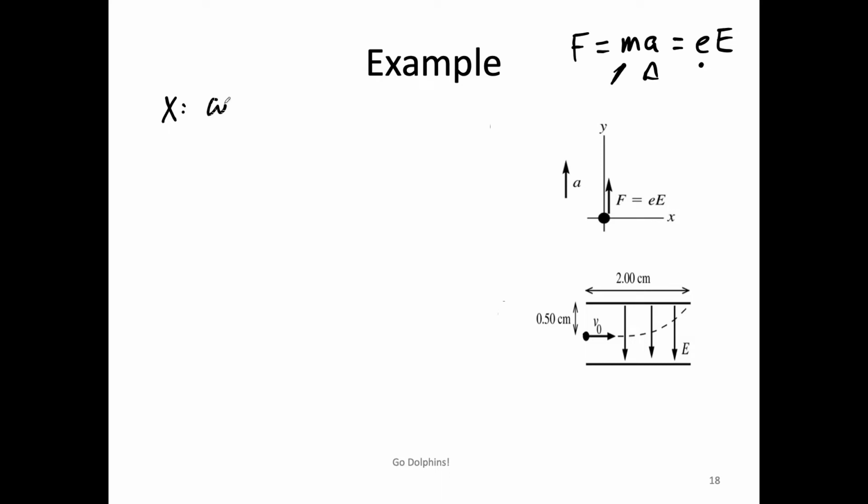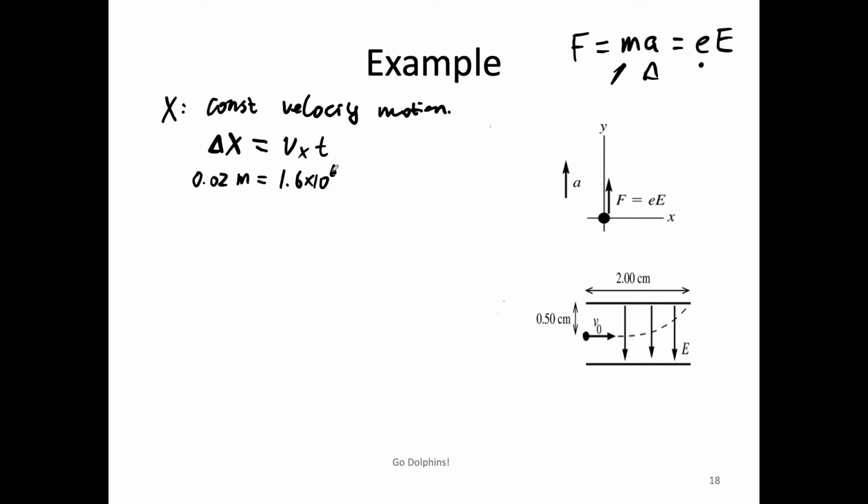And for constant velocity motion, the only equation you need is displacement equals v times t. We know delta x, which is 2 centimeters, and we know the velocity, which means we can find t.